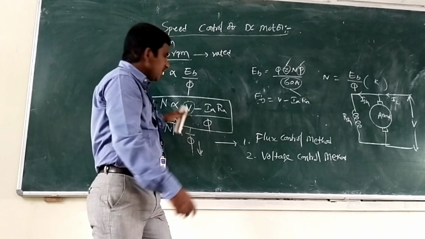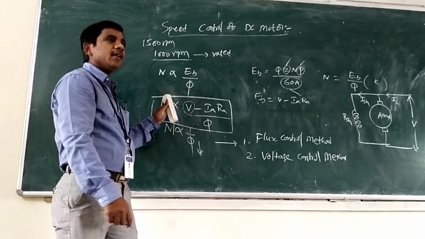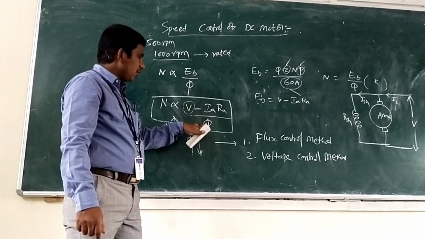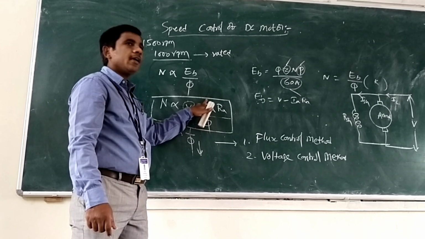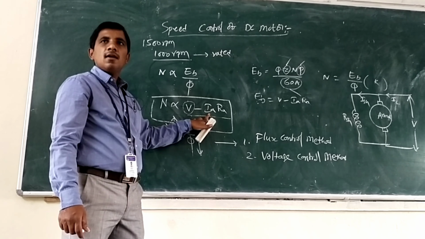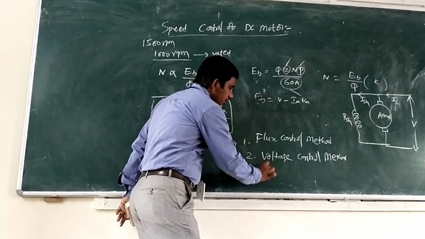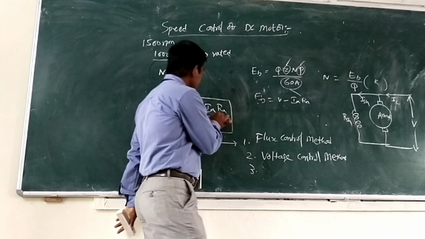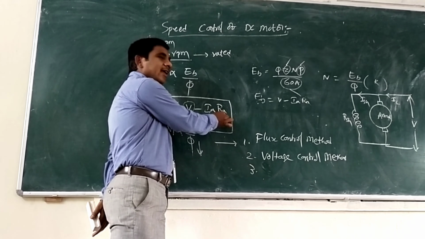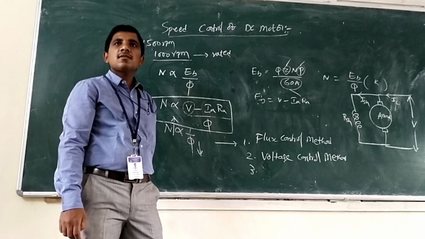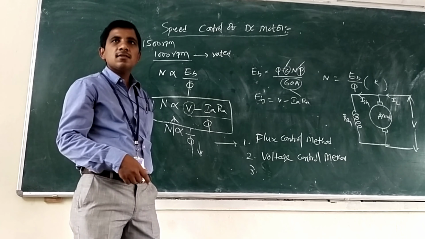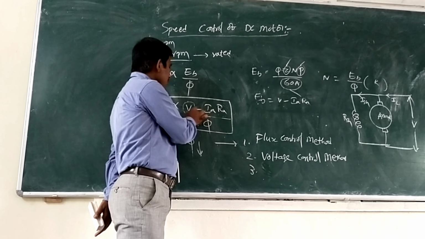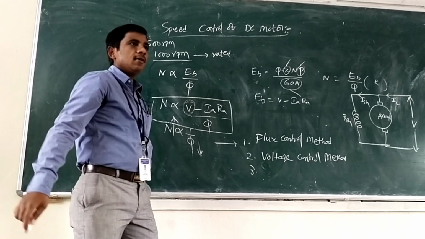Okay. By seeing this equation, we can relate the speed in three ways: one is V, another is phi, and another is IA RA. The third method is resistance control. IA means armature current, RA is armature resistance. By varying the armature resistance, keeping constant voltage and constant flux, we can control the speed.